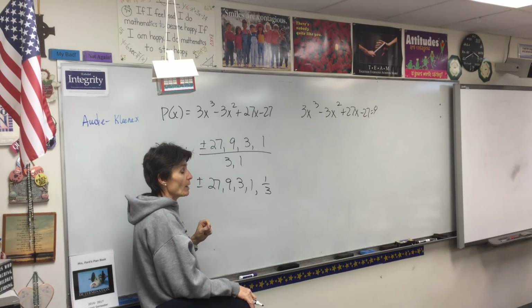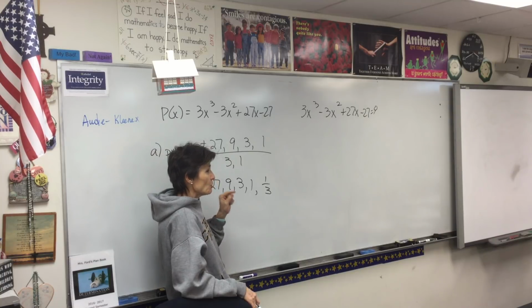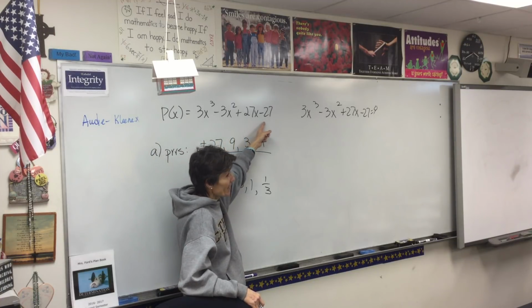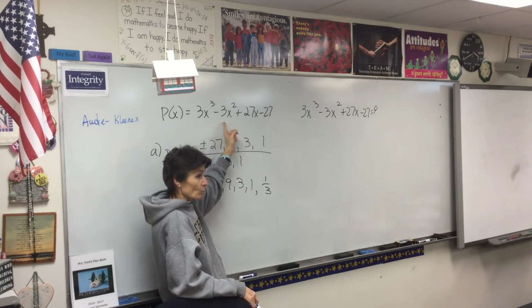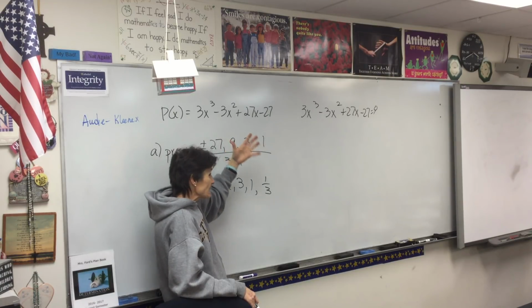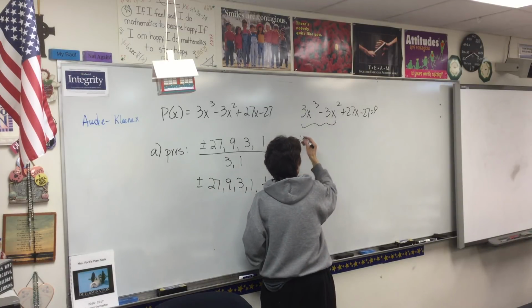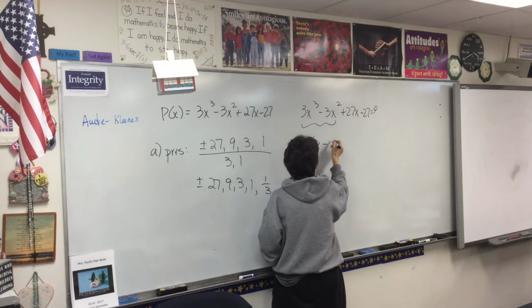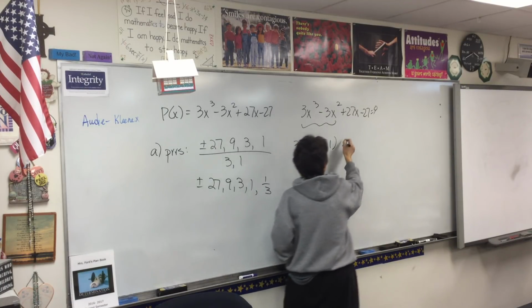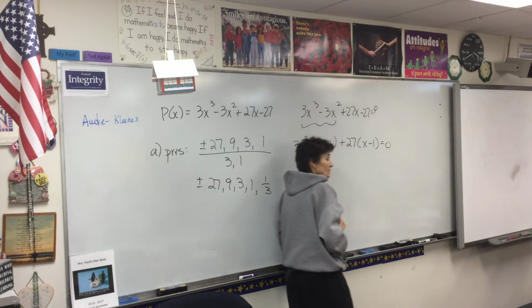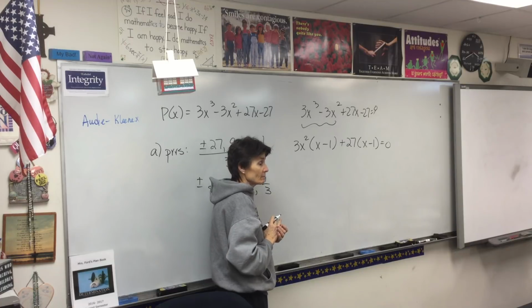Now another option you have on this problem, and you also had this option on the other review sheet. If you look at your problem, it actually factors by grouping. So if it's easier for you to factor by grouping, you would just take 3x squared, x minus 1, plus 27, x minus 1. Factor by grouping.